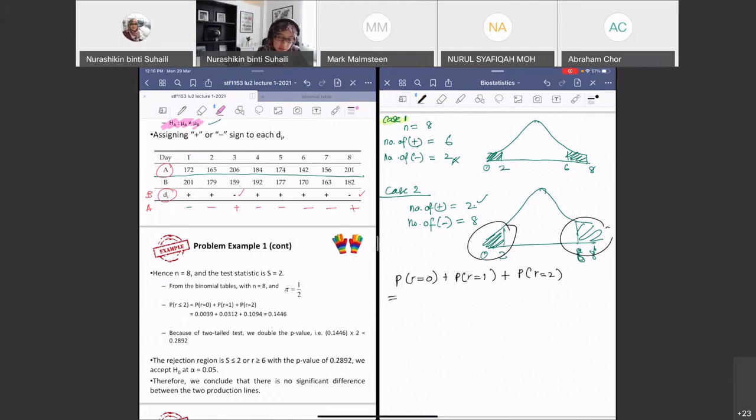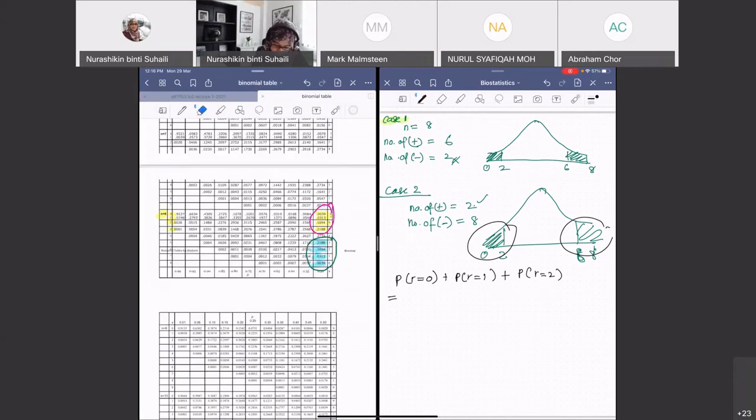So if you refer to the binomial table, the n is 8. 0.0039 plus 0.0313 plus 0.1094. Okay, so the value is 0.1446.